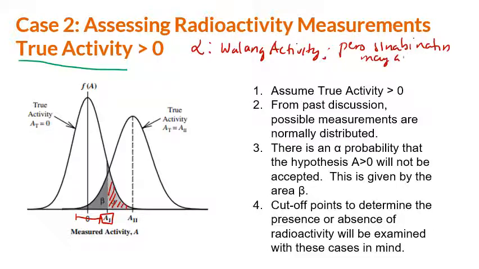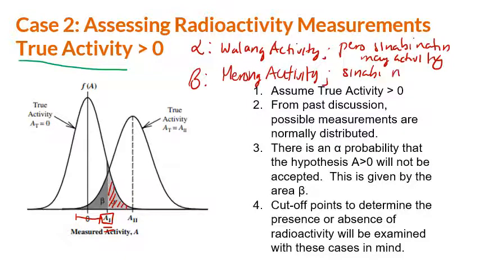Whereas for your beta, yung area ng beta dito, ang sinasabi natin dito, since below A1 iyan, below the threshold, ang assessment natin is, in reality, merong activity. Pero ang assessment natin, since below siya ng initial threshold, ang sinabi natin na walang activity.